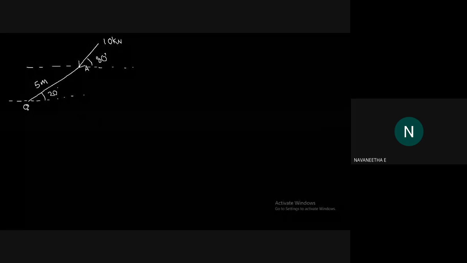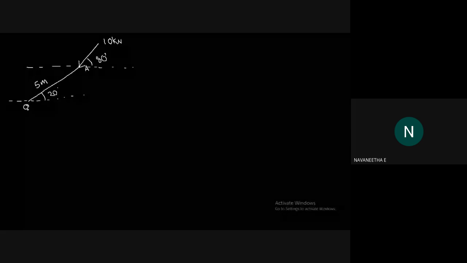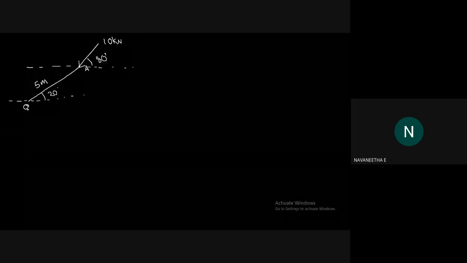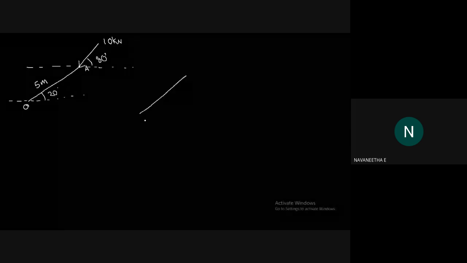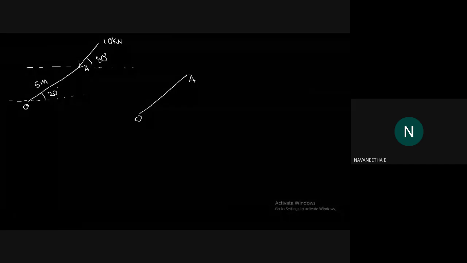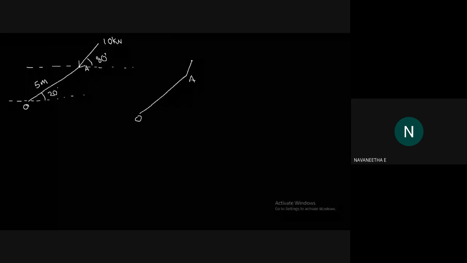Since it is not perpendicular, we need to find the components of 10 kilonewton, that is, the x component and y component. We need to resolve the force into two components. So here I am again drawing the figure, this beam, and this is the 10 kilonewton force.